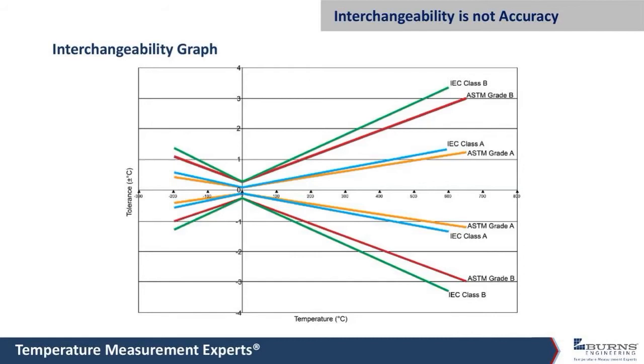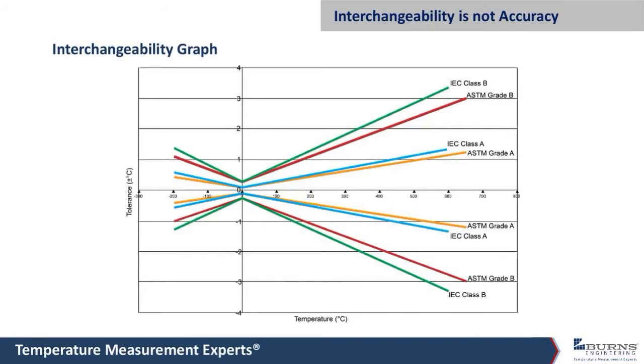If we look at this one, right here at 0 degrees C, ideally we would want that to be exactly 100 ohms, but the standards have divided this into different classes or grades of temperature probes.